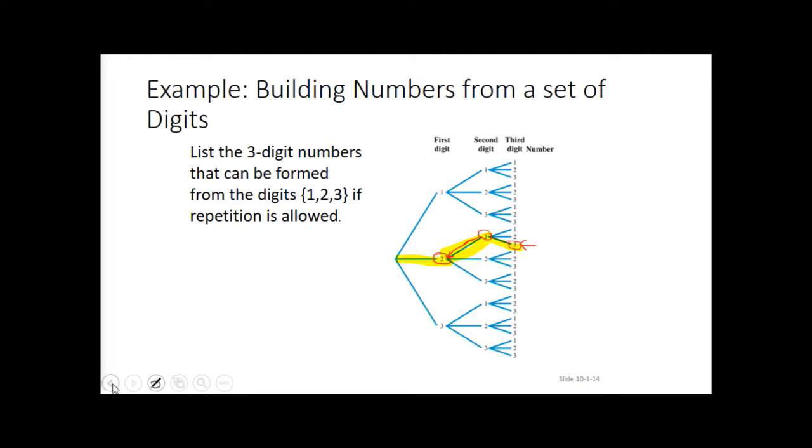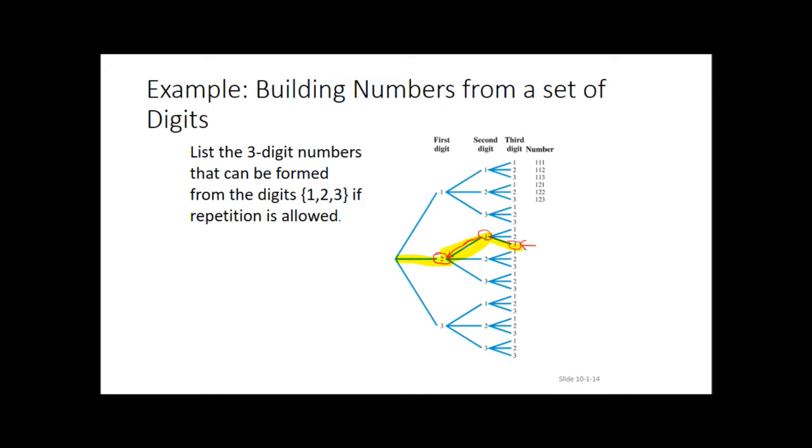Okay, so that top branch then would be the number 111. I hope you can see that, it's kind of tiny. The next branch would be 112. The next branch would be 113, and so on. The next branch would be 121, and then 122, 123.